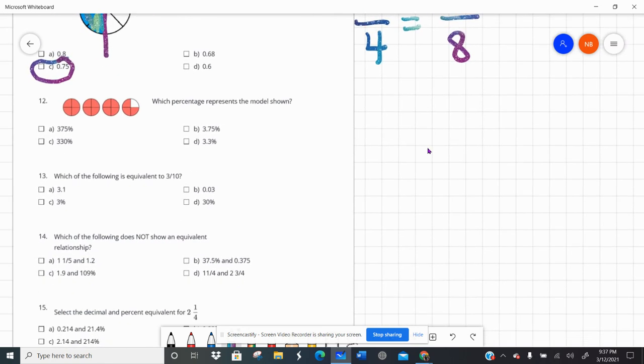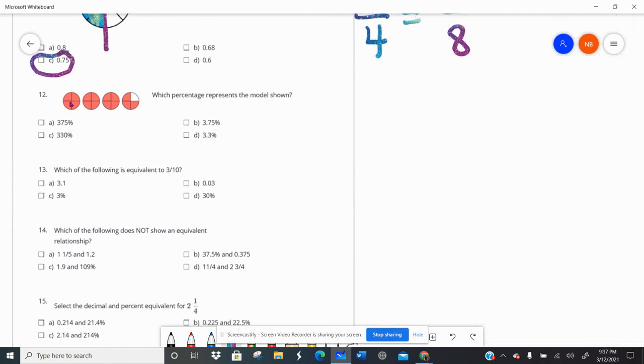All right. Speaking of fourths, our next model is broken into fourths. If I look here, let's say we're talking about pizza. I have 1 whole pizza, 2 whole pizzas, 3 whole pizzas, and then 3/4 of the next pizza. So I have 3 pizzas and then 75% or 0.75 of the next pizza.